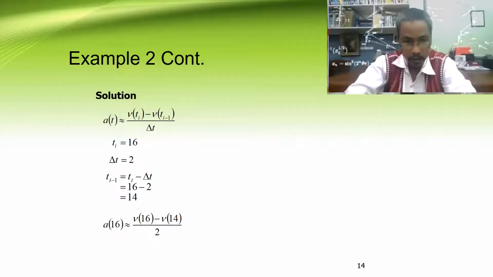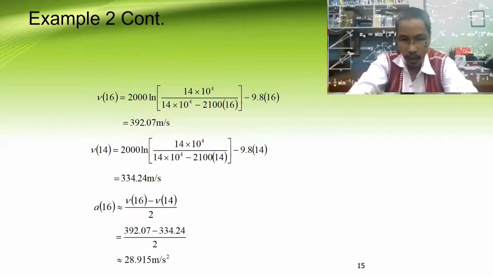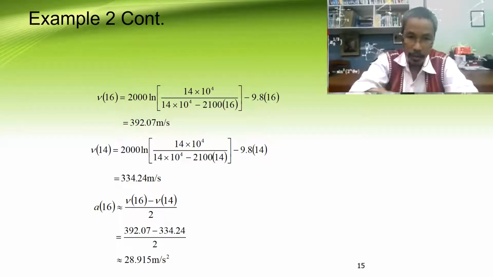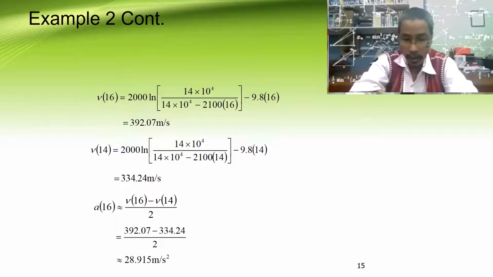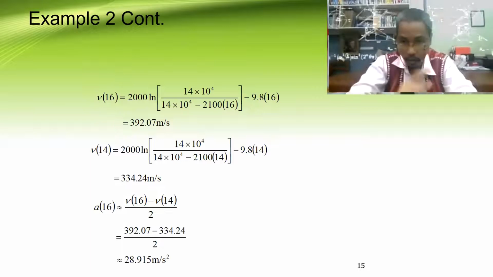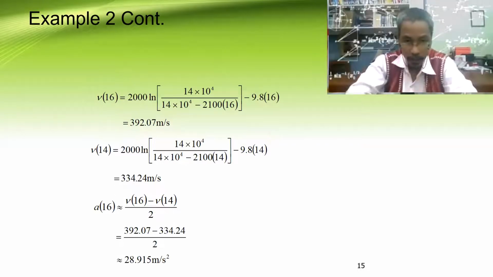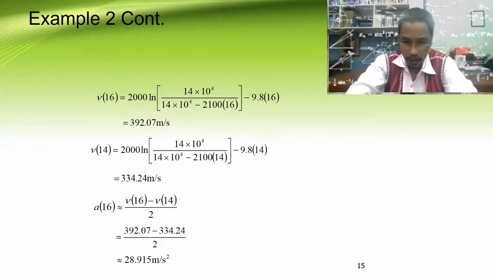So let's do it. For the velocity at 16, use the same equation, but replace the variable t with the value of 16. You can find out using your calculator, practice at home, that the value would be 392.07 meters per second.